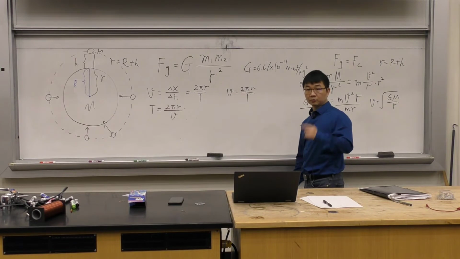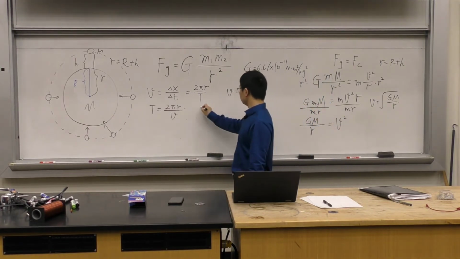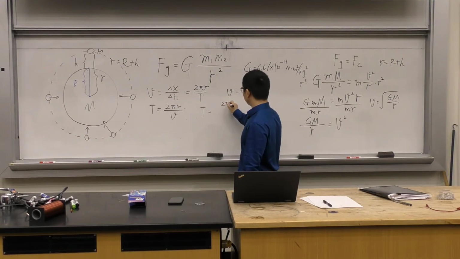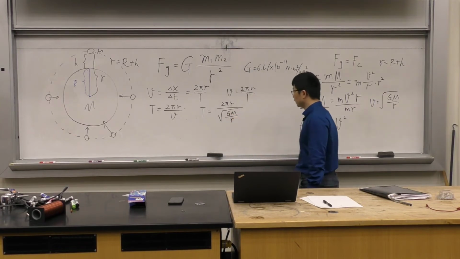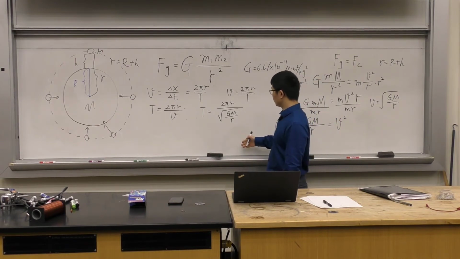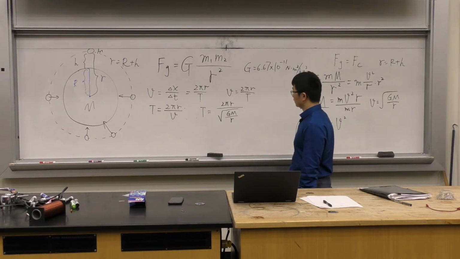Now, I'm going to do that now. T equals 2 pi r divided by this whole thing. Okay, this is really confusing. I have a square root, and there's a fraction under the square root. How do I divide these two things so that I can get the simplified expression?